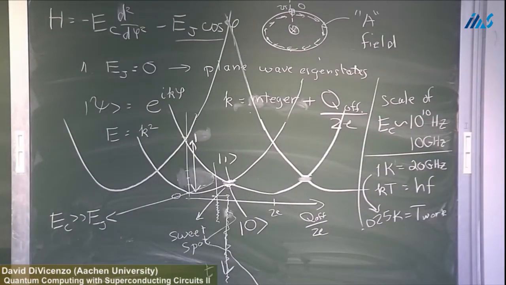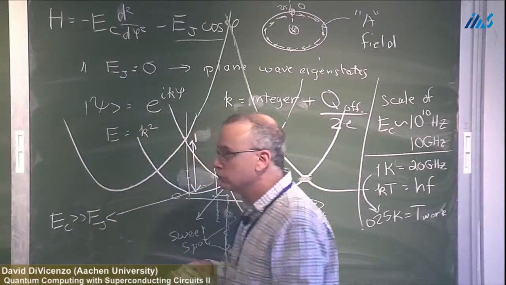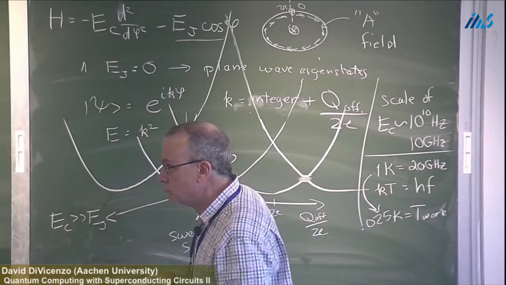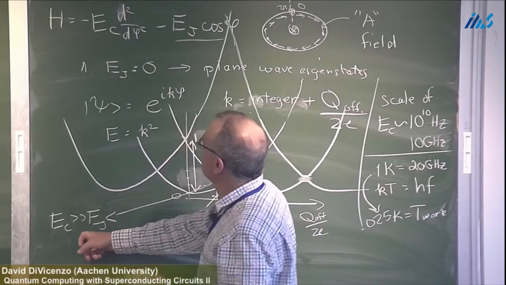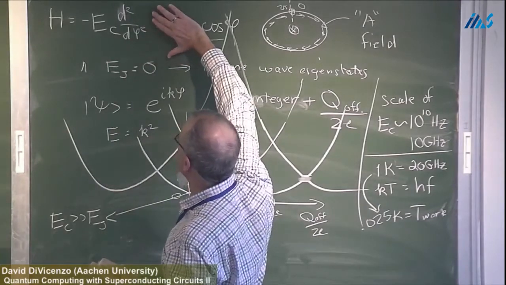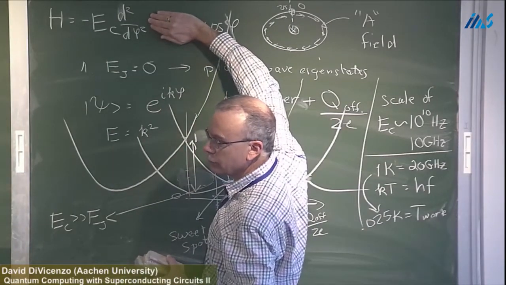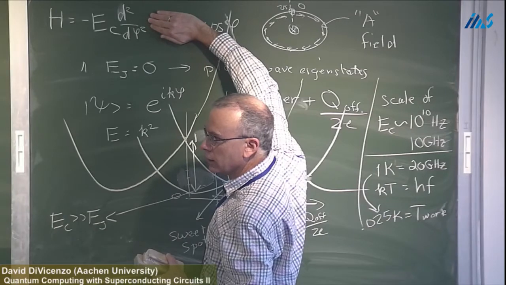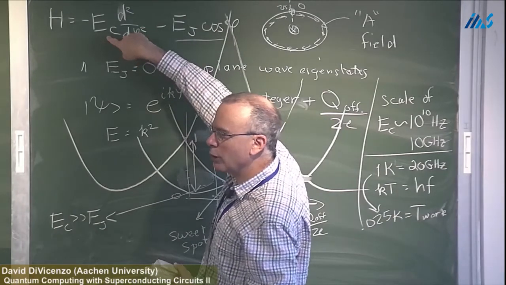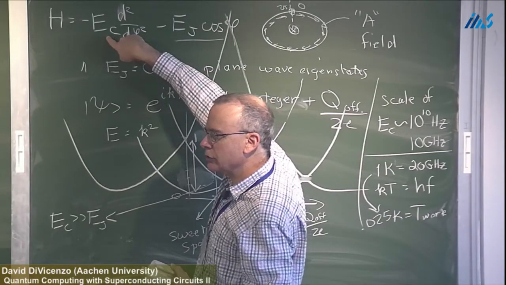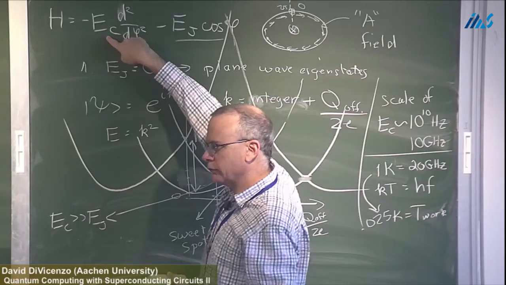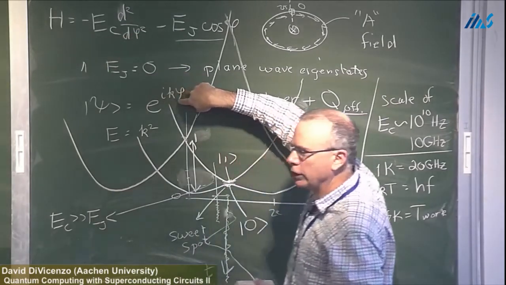Did you drop the EC in the wave function, or intentionally ignore it? No, the wave function is the wave function of this free particle operator, and so it doesn't depend on the numerical value of EC. Its eigenenergy does, but not the form of the wave function, the fact that it's a plane wave.